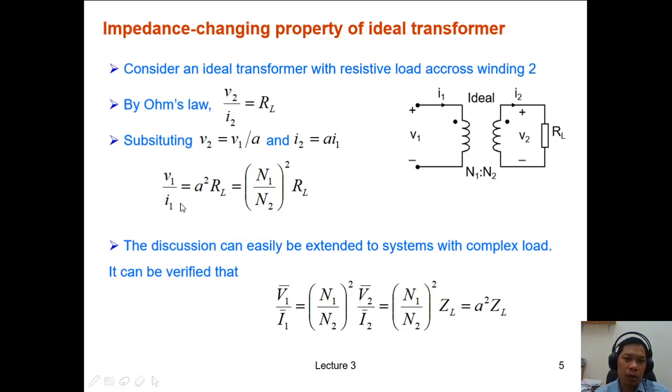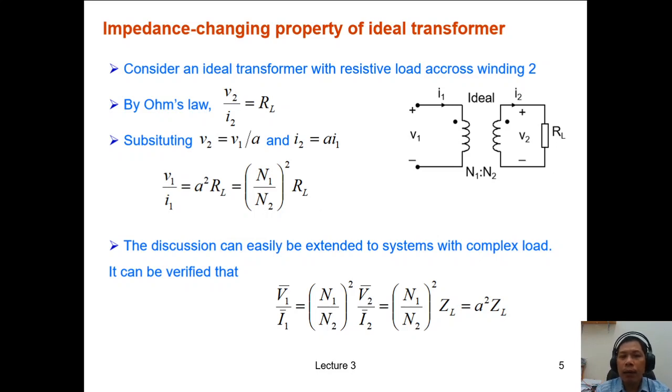Now if we try to calculate the equivalent impedance by dividing V1 by I1, we will end up with a squared RL, which is N1 divided by N2 squared times RL.